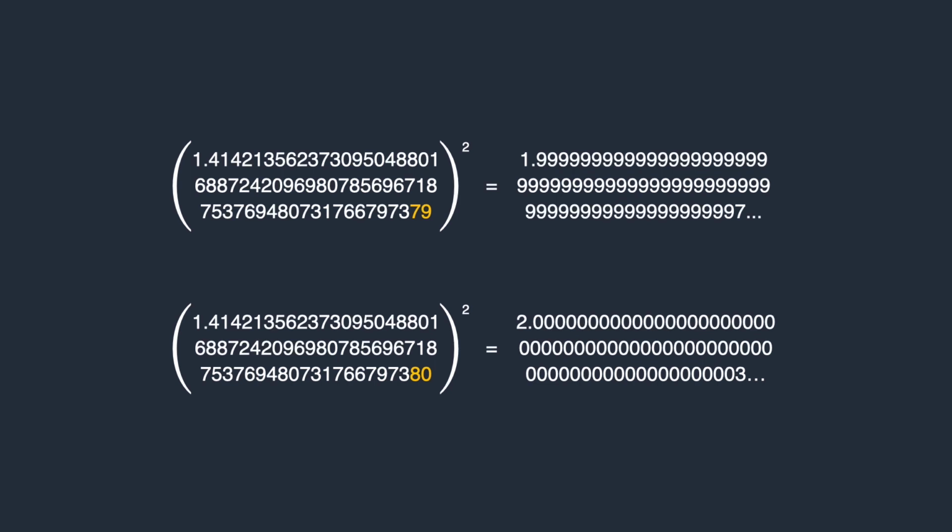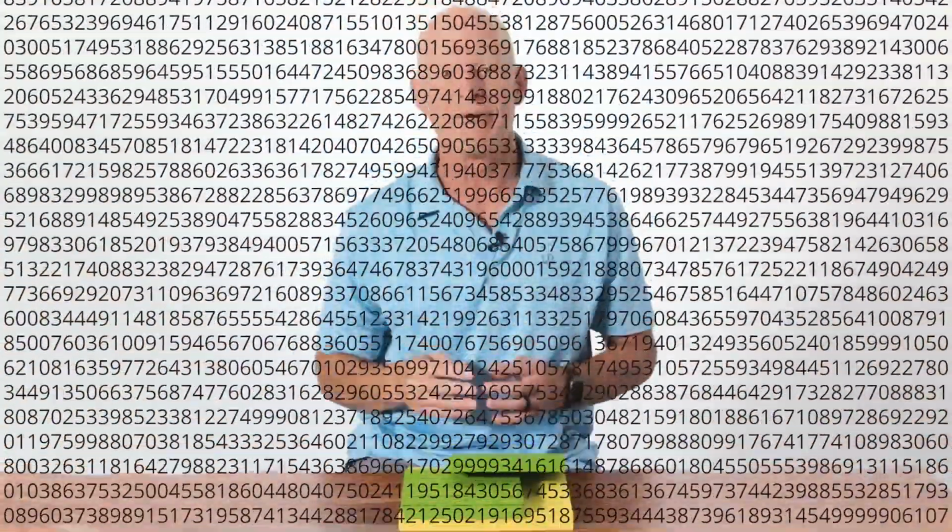Root 2 is a nice irrational number because we can easily confirm whether a number is exactly root 2 by squaring itself, assuming we have the math power to do so. Okay, leaping further, here are the first 5,000 digits of root 2.